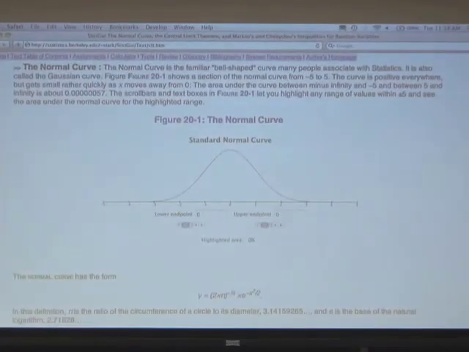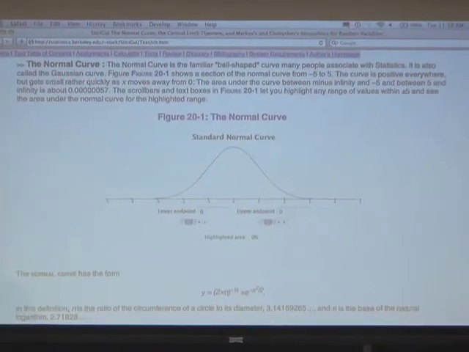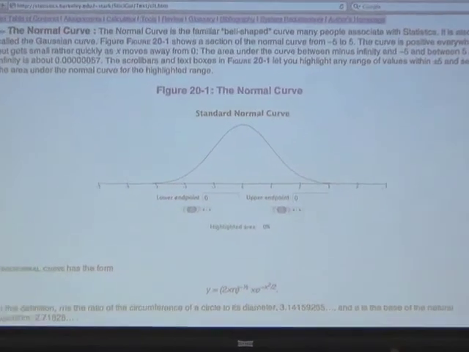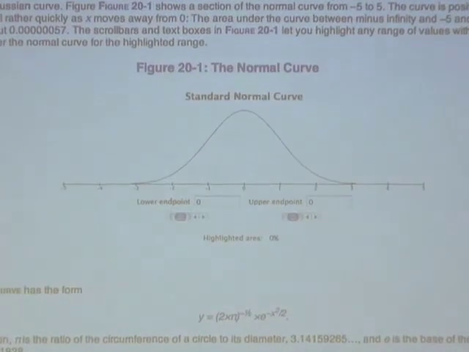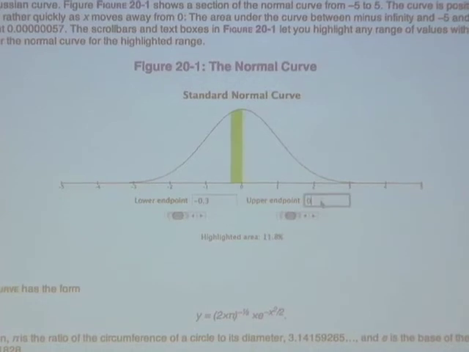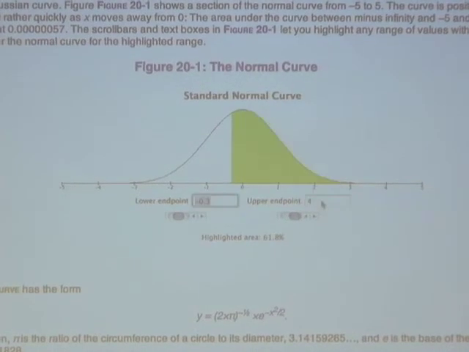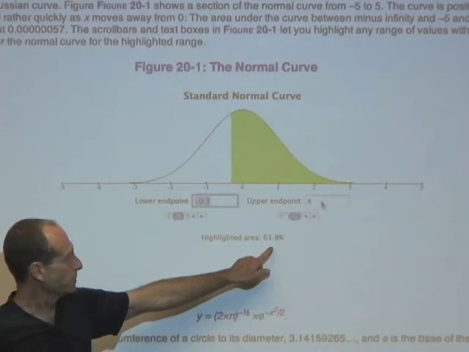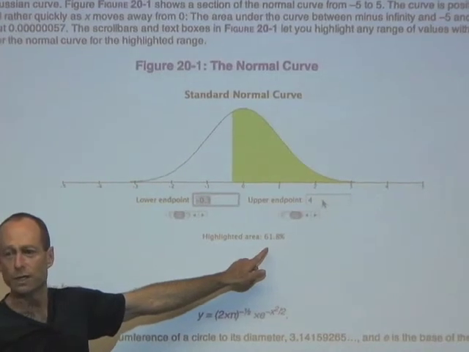okay, so here is the standard normal curve. And this applet lets us highlight a range of values. So if we wanted to know the area under the normal curve between minus 0.3 and plus 4, we could just do that and read off the area. It's approximately 61.8%. Okay?